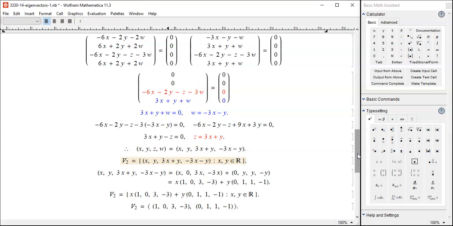But this is not the most favorable method that our textbook author uses. I like it because it's simple. Our textbook author prefers to get simpler vectors like this and that, and then how to get those vectors.